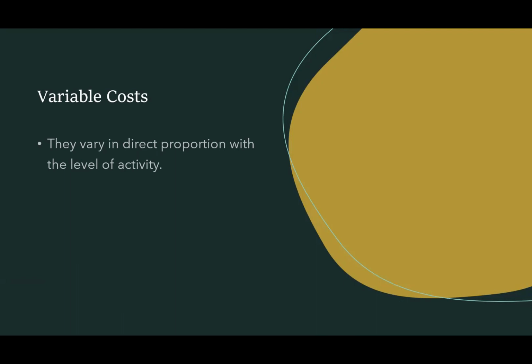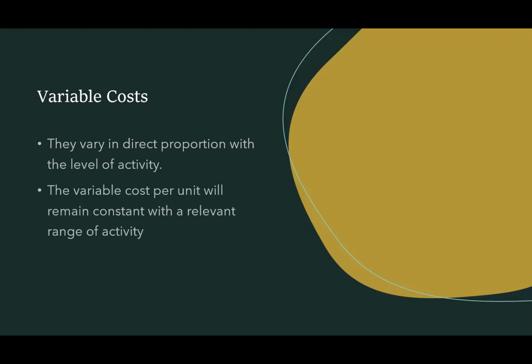So the more units you have, the variable cost will keep on increasing in direct proportion. However, the variable cost per unit will remain constant. Like that 16 will remain constant, but the more units you make, the total will keep on increasing, like raw material cost or direct labor cost.